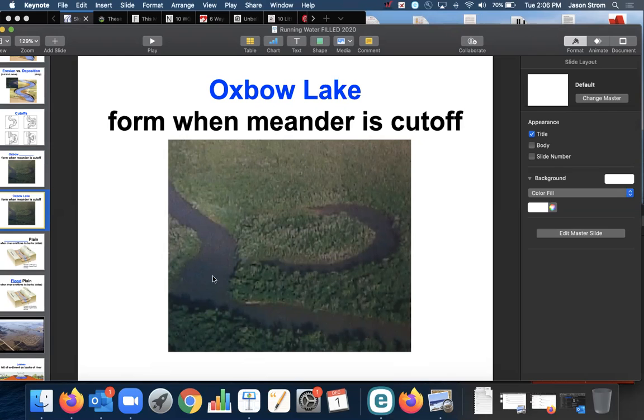But then that cutoff formed, and sediment filled in, which isolated this oxbow lake. And eventually it'll dry up, because there's no new water feeding it and replenishing the water that's evaporating. But it just takes time.